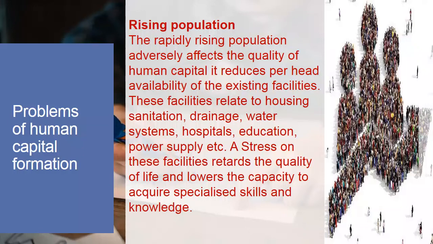Which are these facilities? These facilities relate to housing, sanitation, drainage, water systems, hospitals, education, power supply, and so on. A stress on these facilities reduces the quality of life and lowers the capacity to acquire specialized skills and knowledge.